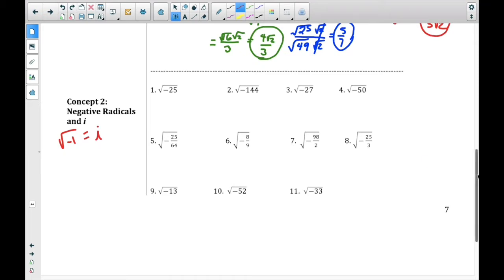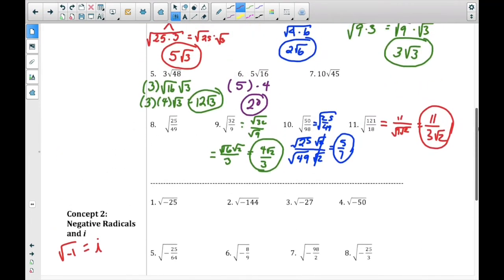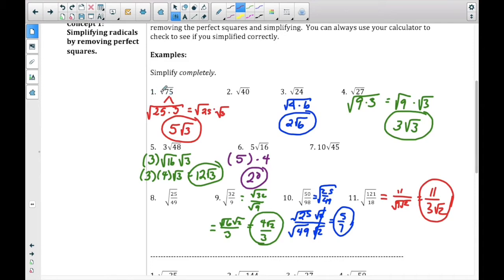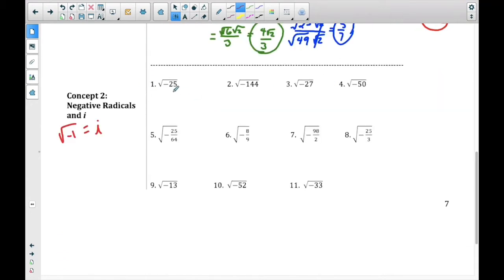And so just like before, up above here, when I was breaking them down, like with 75, I broke it down to 25 times 3, I'm going to do the same thing here. That is, I know that the square root of negative 25 is the square root of negative 1 times the square root of 25.